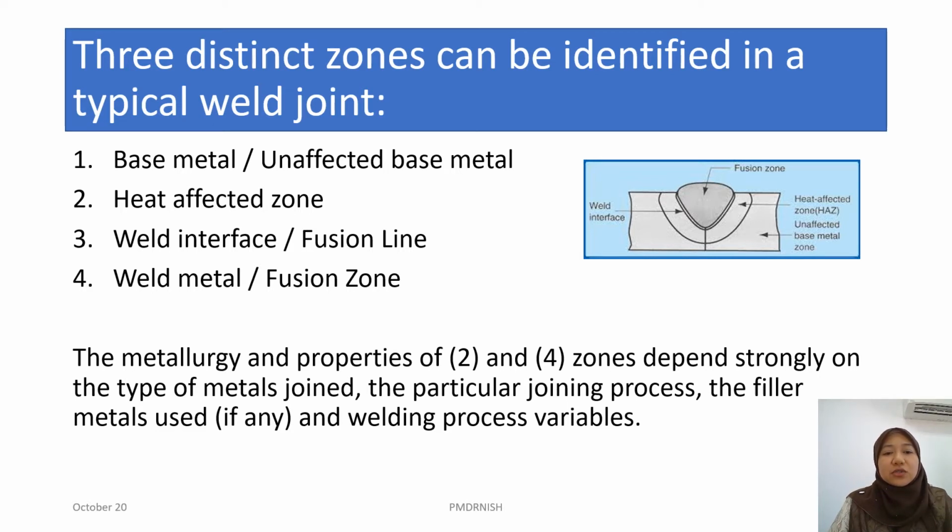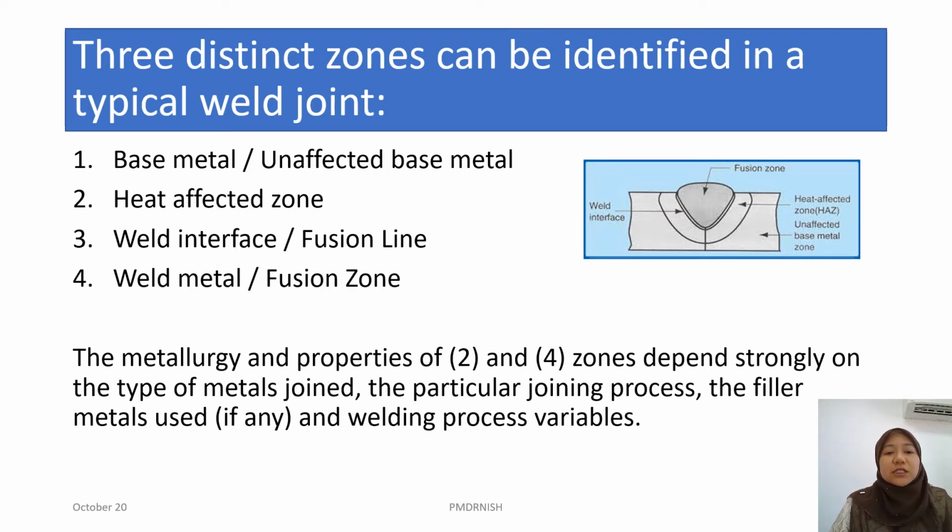And the final zone is called the fusion zone. In this zone, the material has been heated way above the melting point, thereby it is completely in liquid form. After the heat moves away from that particular point, the material will start to solidify.